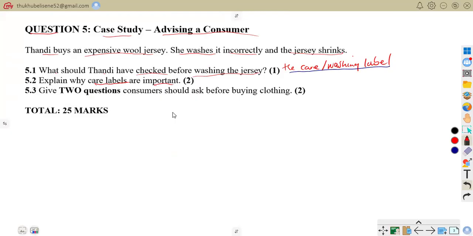Care labels tell consumers how to wash, dry, and iron clothing correctly. So they give that instruction.